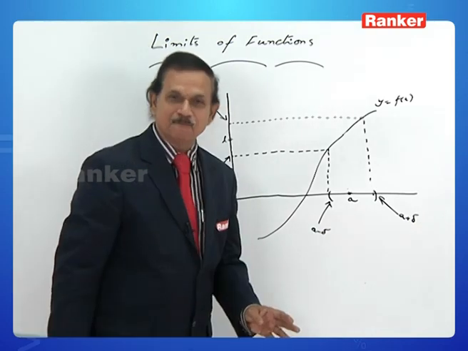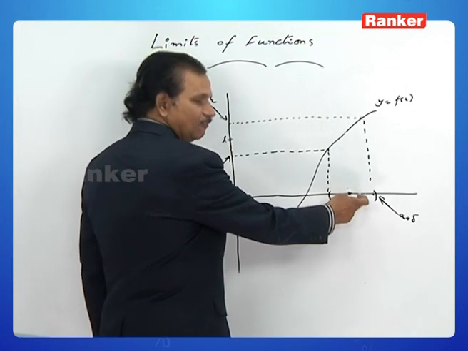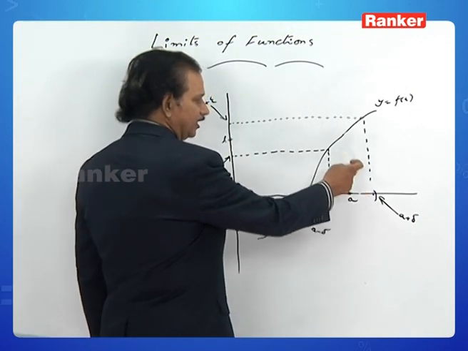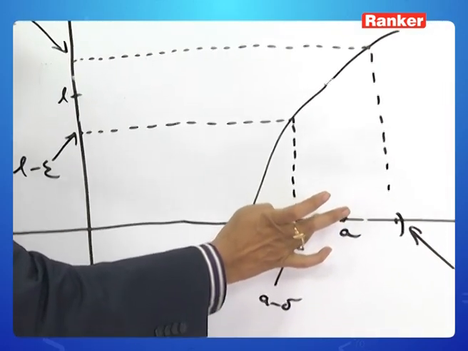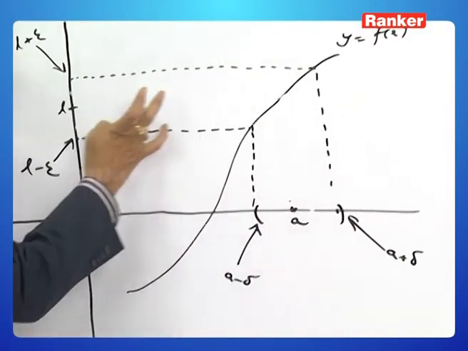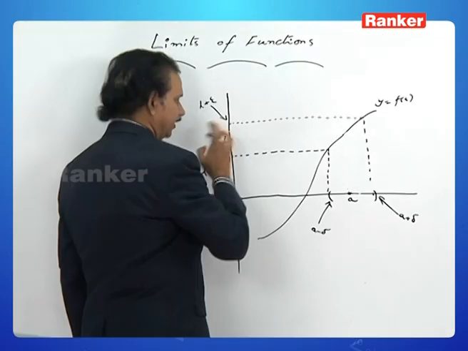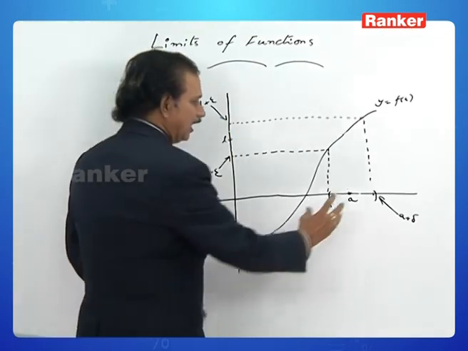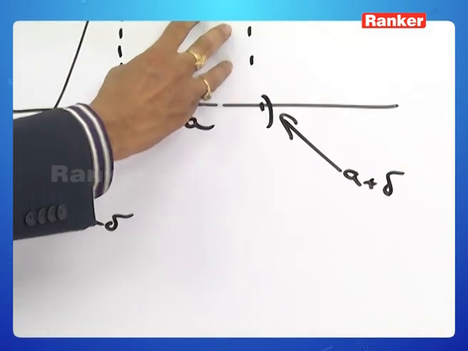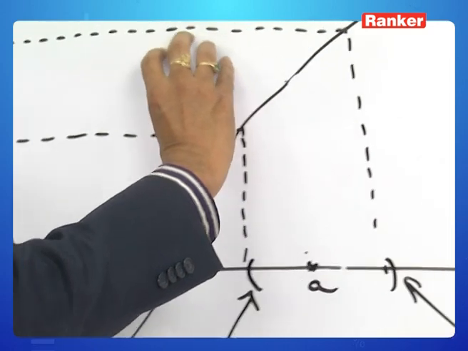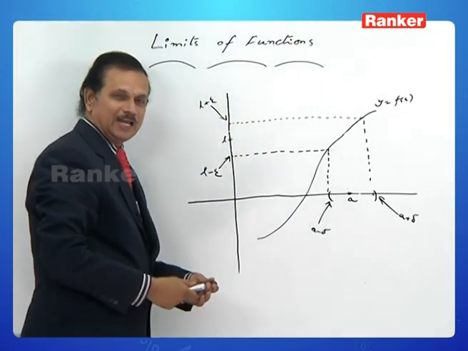What can we observe from this diagram? If x is here, f of x will be here. If you take x here, f of x will be here. So, for all those values of x between a minus delta and a plus delta, f of x will be in the interval L minus epsilon to L plus epsilon.